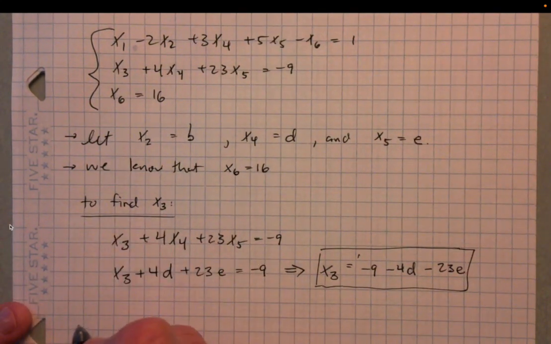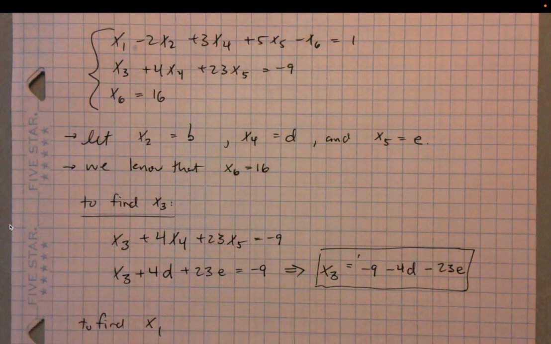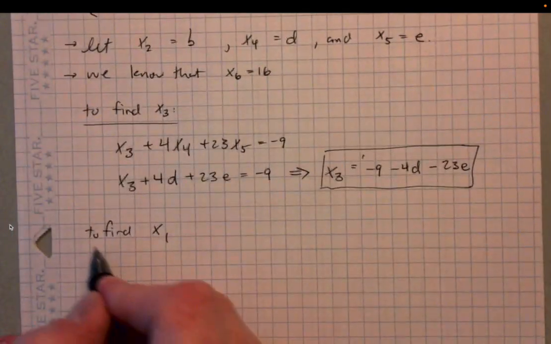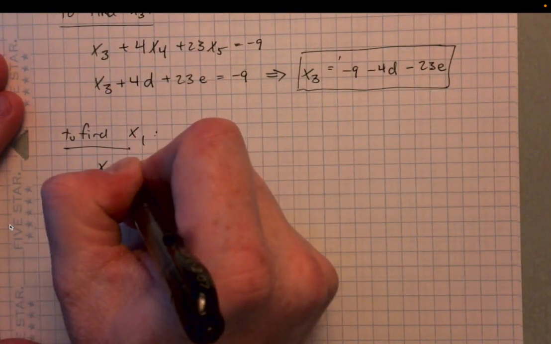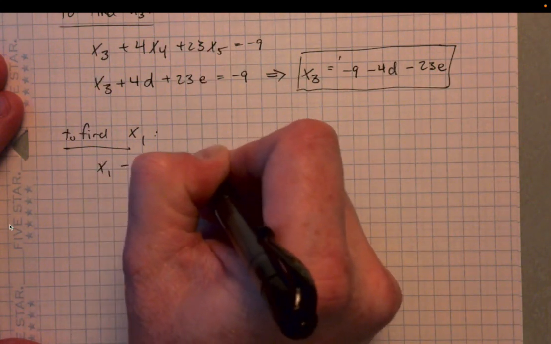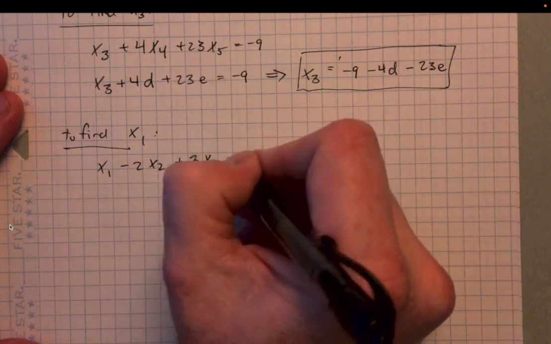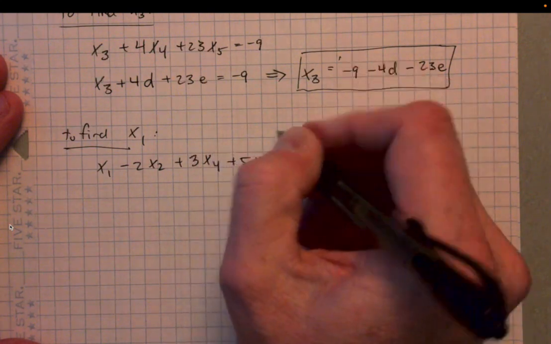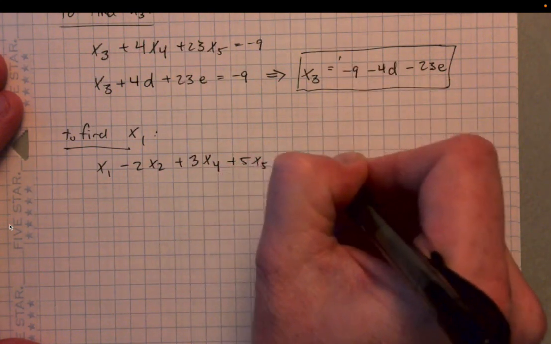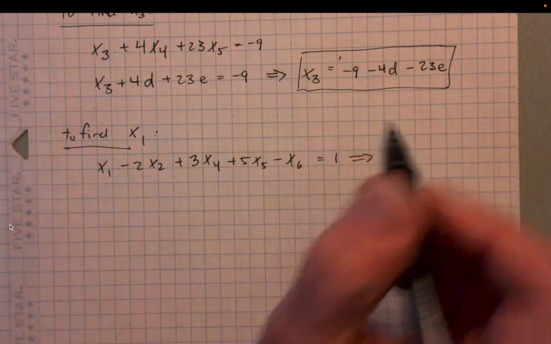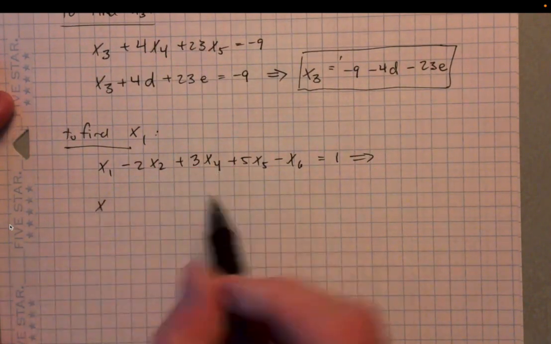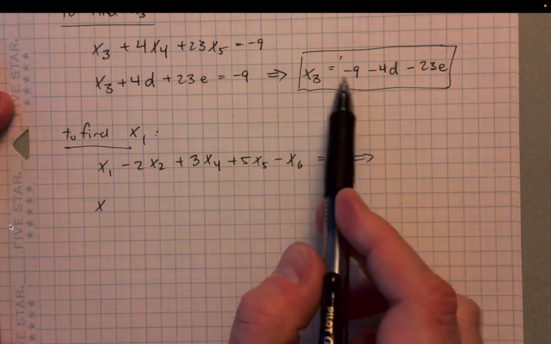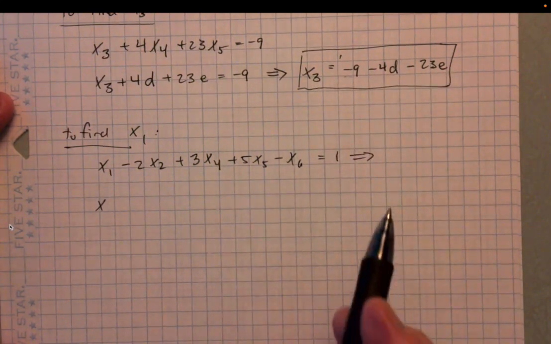Let's find x1. To find x1 we would do the same thing. We have x1 minus 2x2 plus 3x4 plus 5x5 minus x6 equals 1. I can just plug everything in. Notice this doesn't have x3 in it. If it did, you'd have to plug that value in, which would make it a little more complicated.